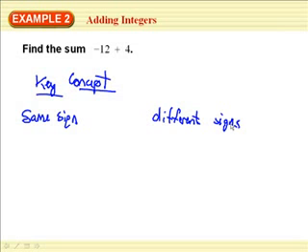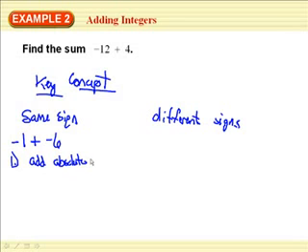So let's do the same signs. Let's put an example, the one we just did, -1 plus -6. The first thing you do is you add the absolute values. All that means is you just add the numbers. 1 plus 6, because the absolute value of -1 is 1 and the absolute value of -6 is 6.